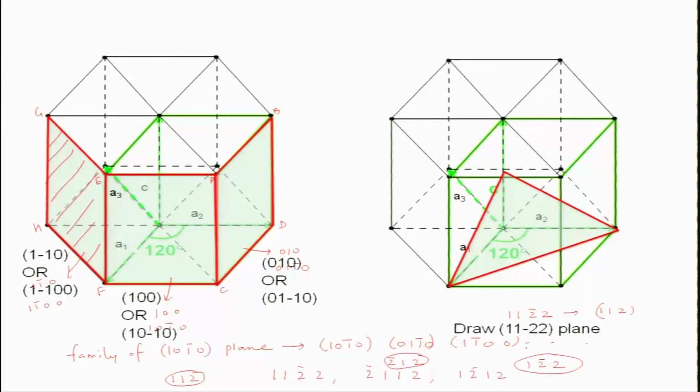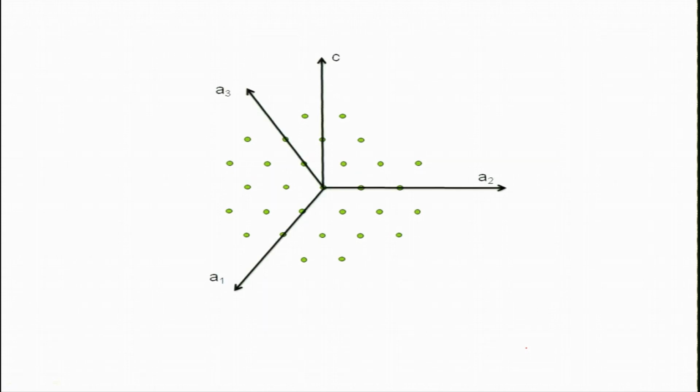So I will show you a few more examples. Similarly about the directions. Now this is a projection of basal plane of hexagonal system, okay. So basically we are looking down the C axis and we are looking at the AB plane, okay. So direction [1 2 0], as we know, we can draw [1 2 0] will be 1, 2, there is no translation in C. So this is the direction.